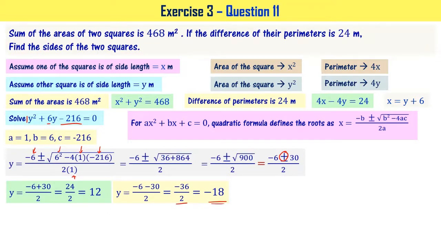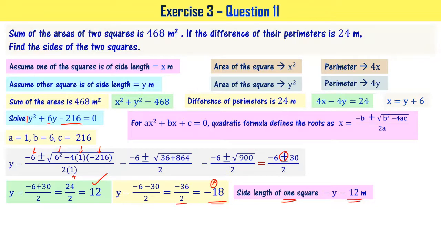Now you see, we have to choose one of these. We know that side length cannot be a negative number. For that reason, you can drop this and you take y equal to 12. That is the side length of one square, right? You can call it the second square or the first square, it doesn't matter. The side length of one of the squares is y equal to 12 meters.